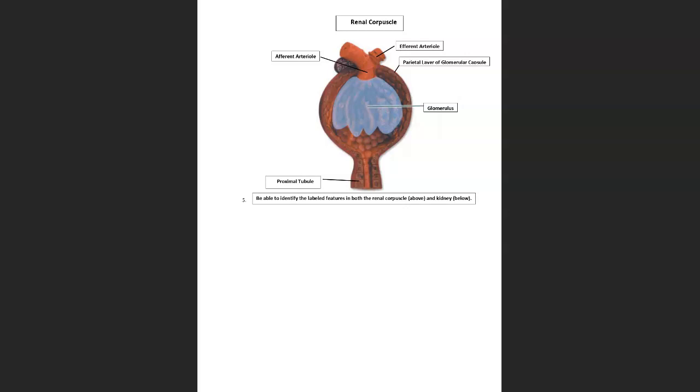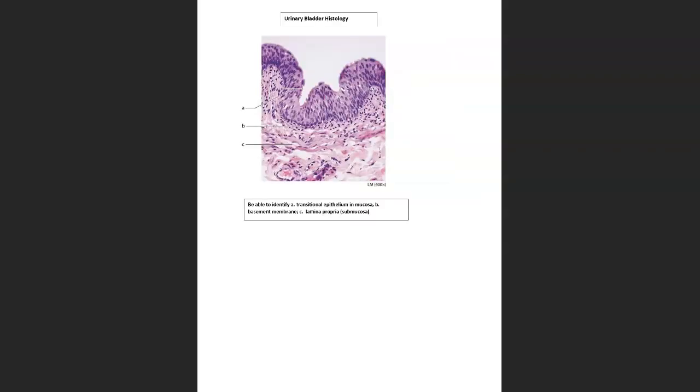Now, the proximal tubule is the first part of the nephron past the glomerular capsule. The capsular space is the space between the visceral layer and the parietal layer of the capsule. To be able to identify those different features of the renal corpuscle.